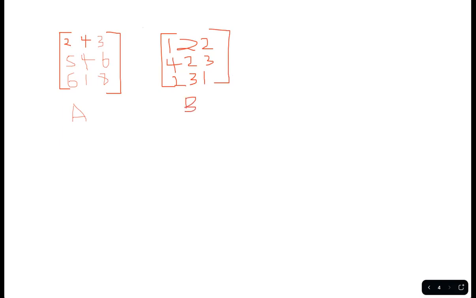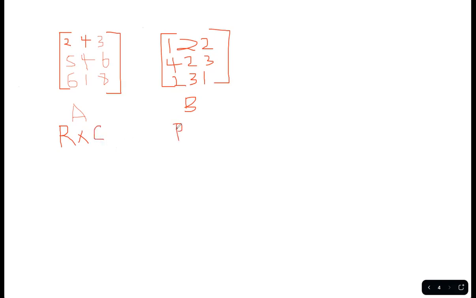So first things first, what are we doing first? First, let's indicate so that you have a fair idea about what they're doing. Always indicate row times column.